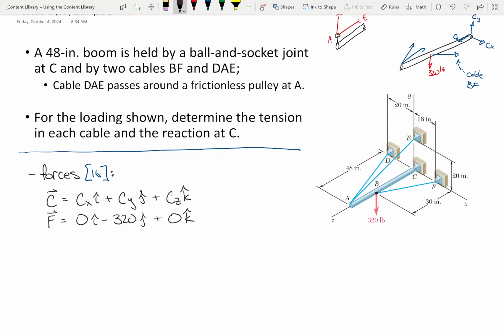Now, like I said, these two have the same magnitude, but here's how I'm going to do this. I propose that we're going to have a tensile force AD and a tensile force BE, and this is going to be tensile force BF. So there's going to be three vectors.